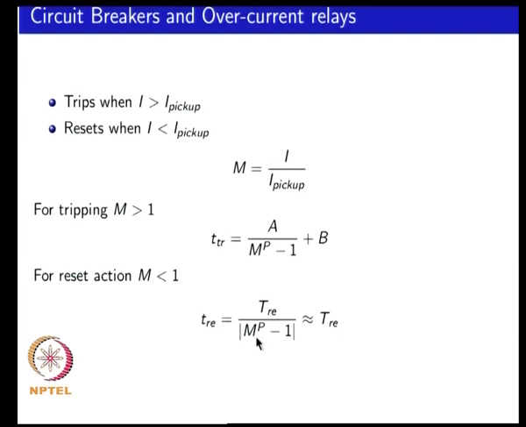And if you are operating close to your nominal current level, and if your nominal current level is much smaller than your pickup current level, then m can be considered close to 0. So, you could take your reset time to be approximately given by your capital TRE. You could consider your reset time to be roughly constant, just to simplify your analysis.